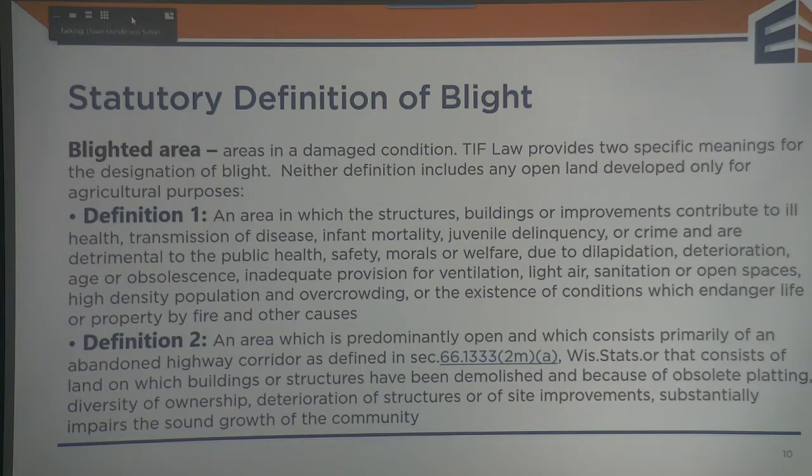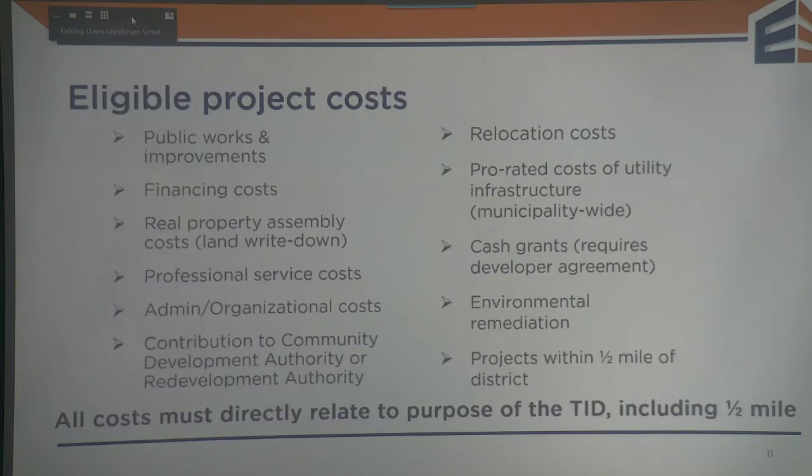So with that, we'll move on to some additional detail on eligible project cost. So this is a list of the type of expenditures that are clearly defined as eligible project cost in tax increment law.